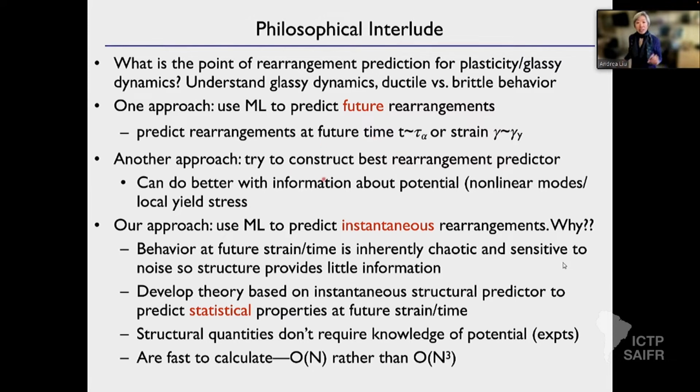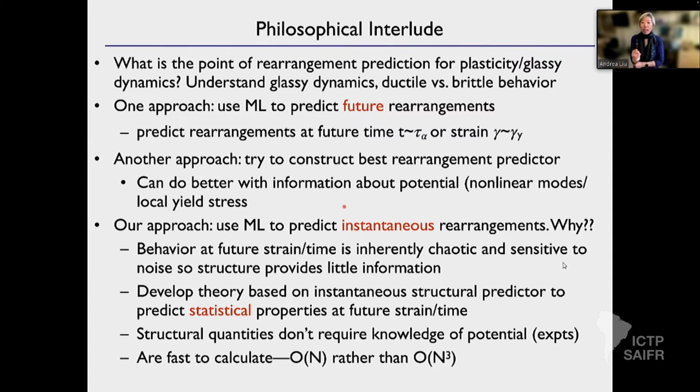Still other approaches have been trying to construct the very best predictor of rearrangements in the next instant or later, and you can do much better than what I'm going to tell you. So I'm not saying that what I'm going to tell you is the best way of doing things. It's not the only way of doing things. It's a way of doing things.